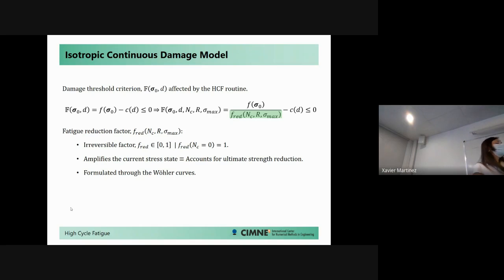So we need a mathematical formulation to account for this accumulation of number of cycles inside the constitutive model. And I'm doing this by means of this reduction function, this term which is called the F-red reduction function, okay? We are quantifying it inside the constitutive model, inside this damage threshold criterion.